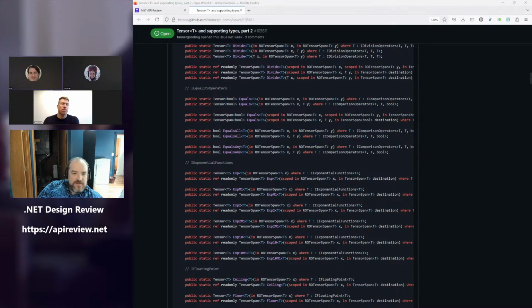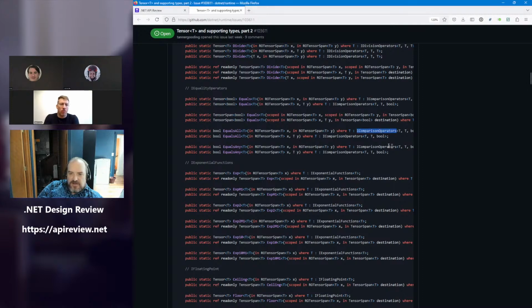Then we've got the exponentials, the floating point functions for ceiling, floor, reciprocal. Comparison operators, is that the correct constraint there? No, I think those ones should be IEquality operators.